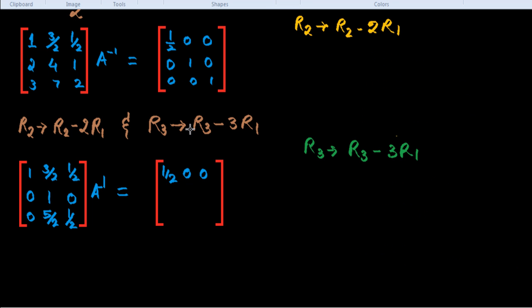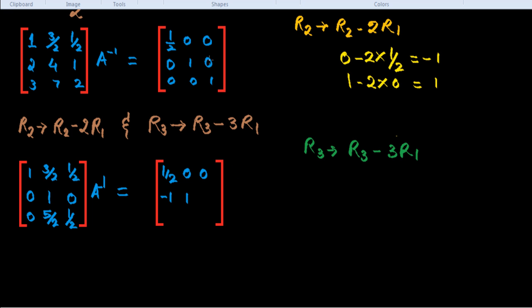Now for this R2 we see R2 here, R2 is 0, so I have to put here 0 minus 2 into R1. R1 is 1 by 2, so we get here minus 1. Here we get minus 1. Look at this now. It is 1. R2 is 1 minus 2 into 0, which is 1. It will remain same.